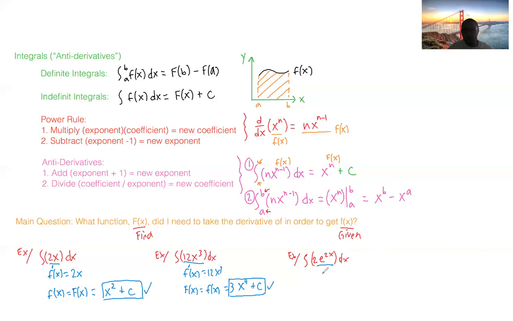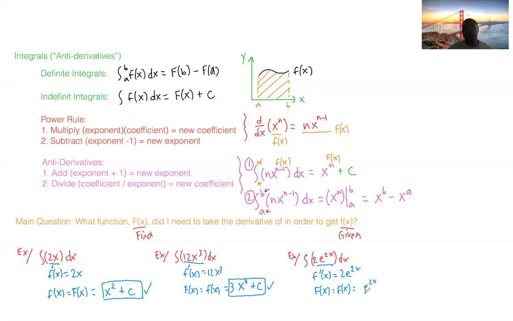And so in this case, you know that this is your f prime x that you are given, just to stay consistent here. And we're asking what function do we need to find the derivative of in order to get f prime x. So we're asking for our original f of x. And so we know that the derivative of e to the stuff is going to include the term e to the stuff.